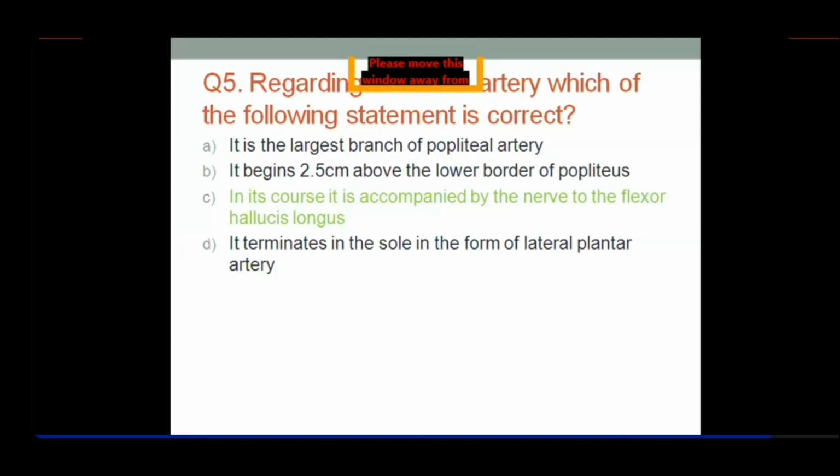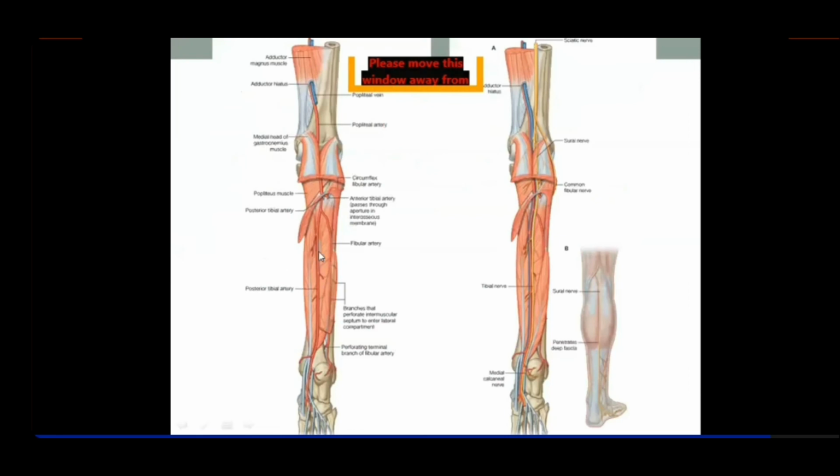So the answer is that it is, actually now it's better. Now you see the diagram, that this is the popliteal artery. Here you are seeing popliteus, right? So popliteus at its lower border, you can see the origin of soleus. It crosses this lower border of popliteus and is divided into two arteries.